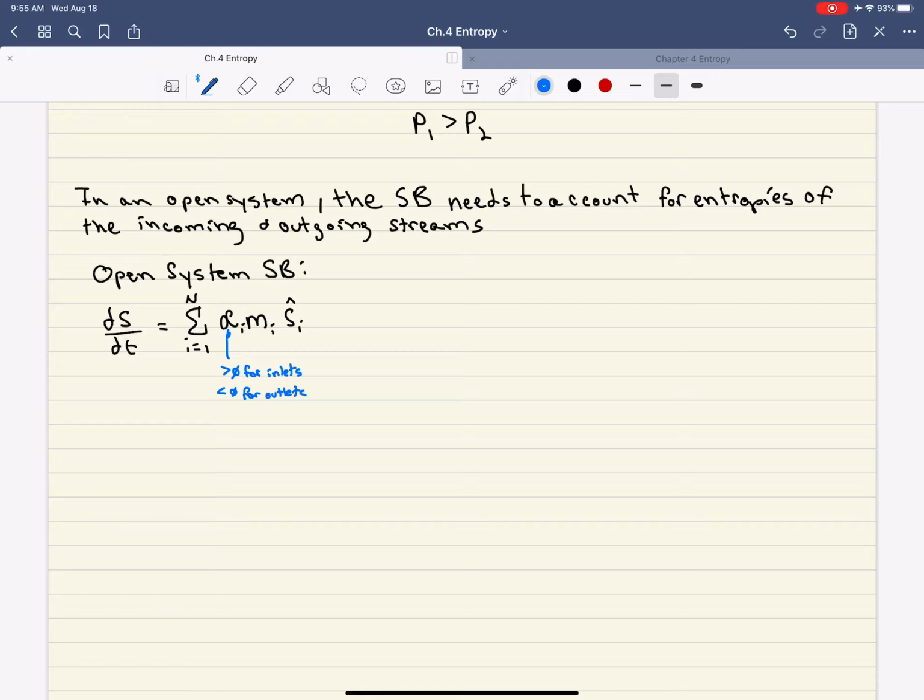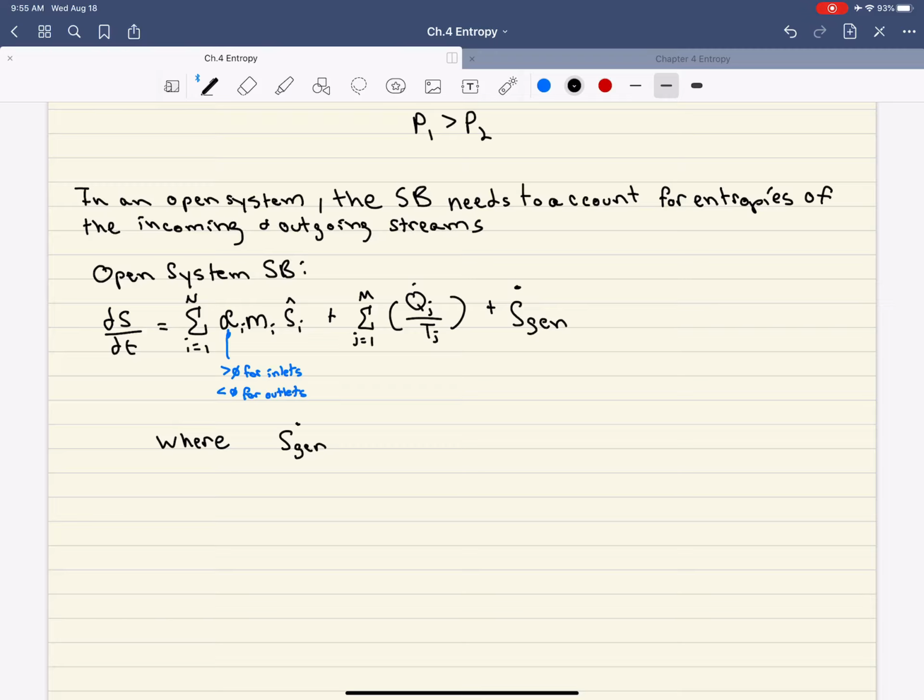Okay? So we have that, and then we add on the other parts of the entropy balance. So I'll call this sum of Q dot j over Tj, plus our Sgen.